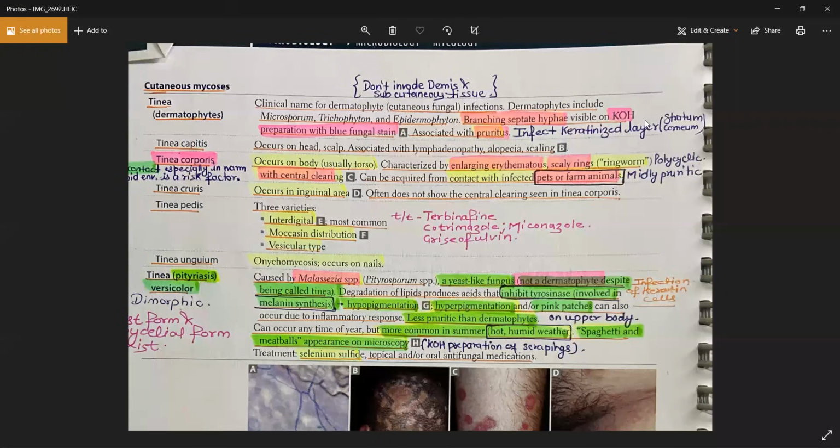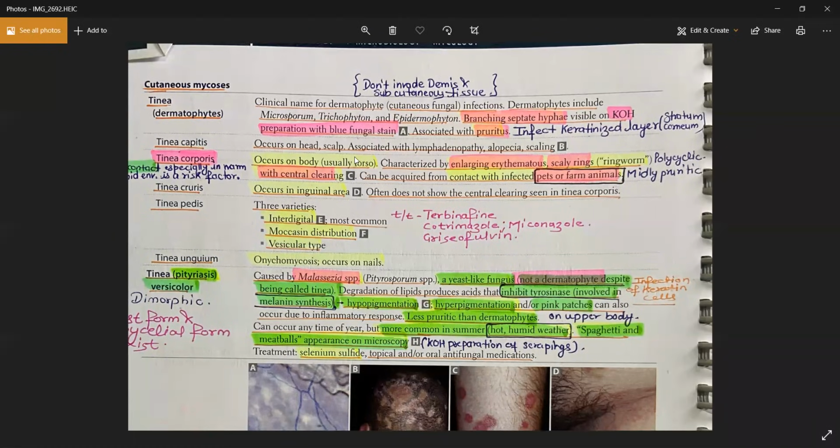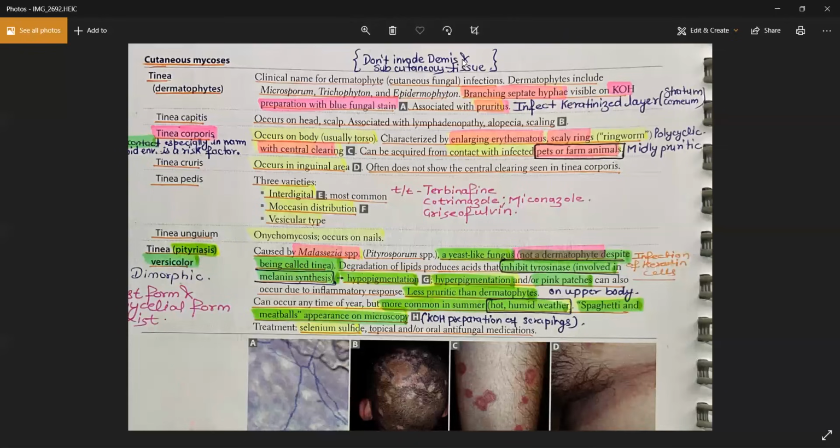It will affect the keratinized layer of your skin, which is the stratum corneum. Step 1 can ask you the location of the disease, and it would be the keratinized layer, which is the stratum corneum of the skin. All of these diseases affect the stratum corneum. Okay, and they do not invade the dermis, they just involve the epidermis.